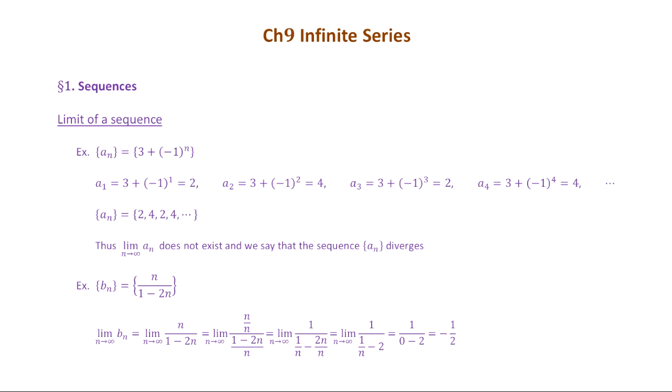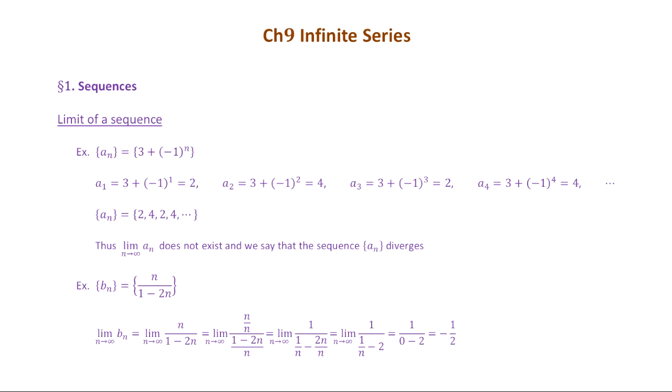This is similar. You divide by some big number both on the top and at the bottom of a fraction. So you get n over n, which is 1, on the top, and (1 minus 2n) over n at the bottom. That can be split into two terms, which is 1 over n minus 2n over n in the denominator. And obviously 2n over n is 2 if you cancel the n.